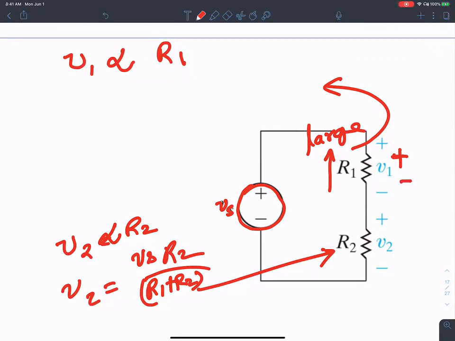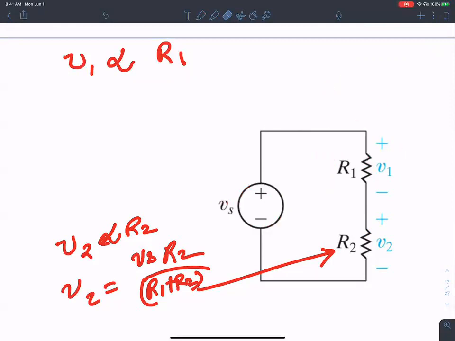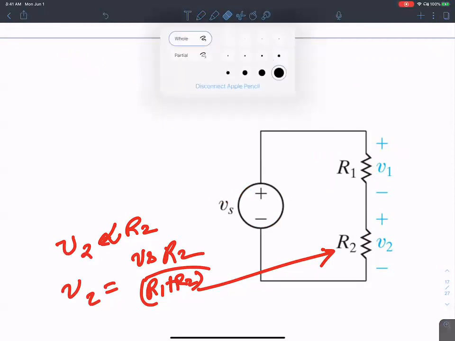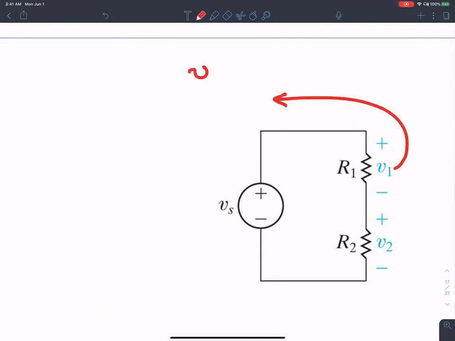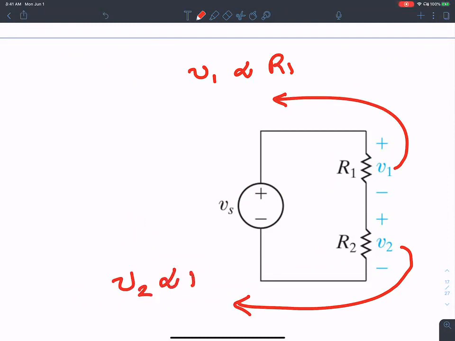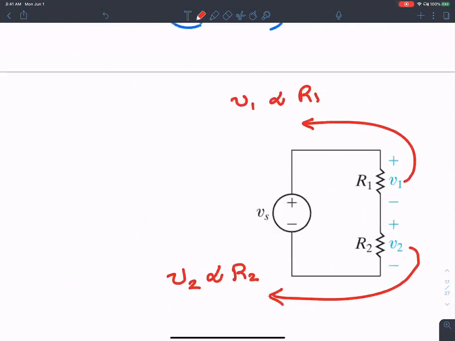If this is small, then a small percentage is dropped across it. So the intuition is V1 is proportional to R1, and V2, the voltage drop across this resistance, is proportional to the magnitude of R2.